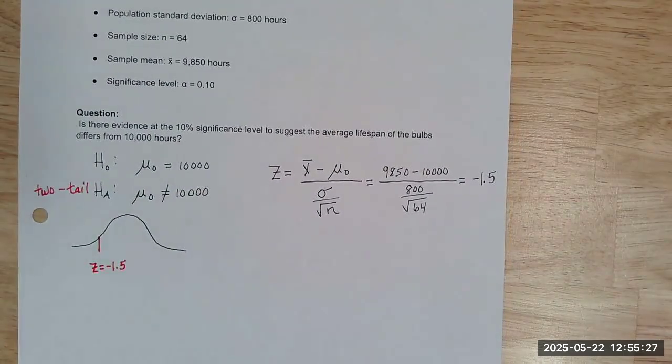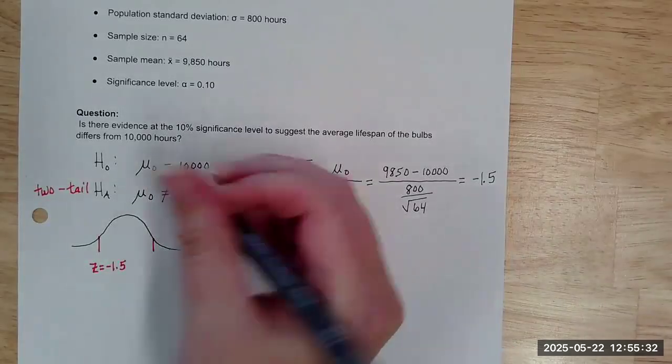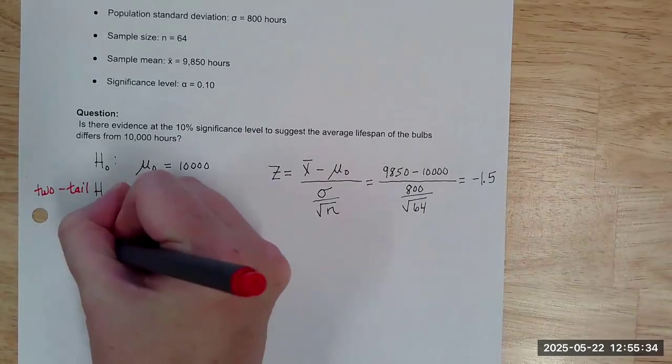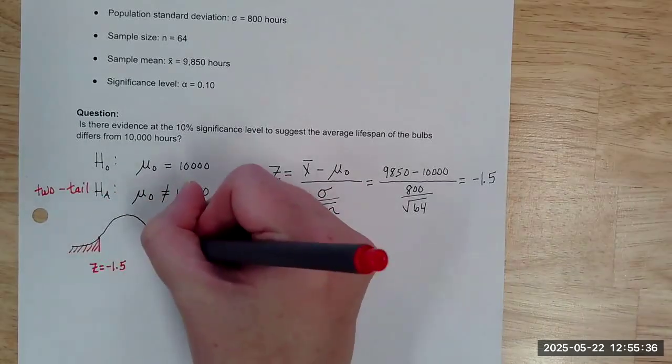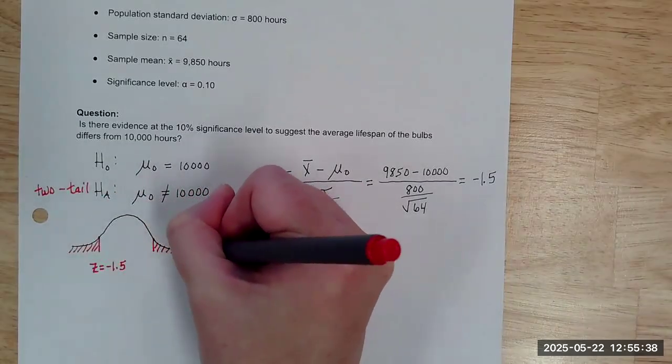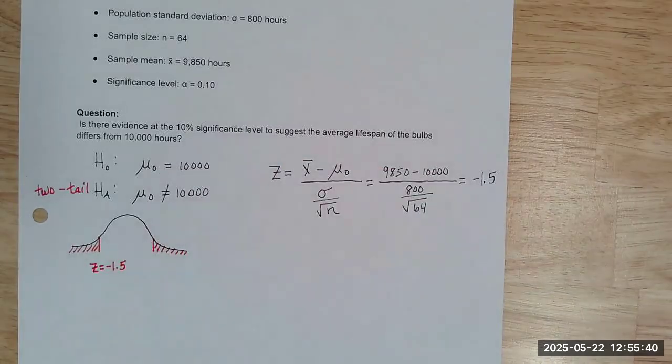And we want a two-tailed test. So you're going to want stuff that's over here and over here. You want the right tail and you want the left tail if it's a two-tail test.